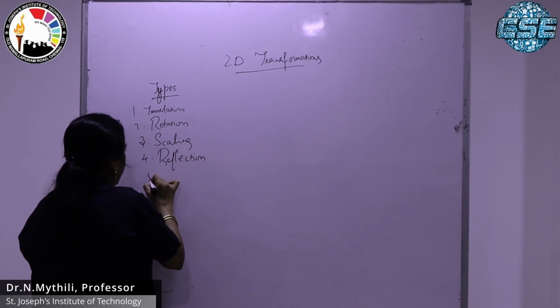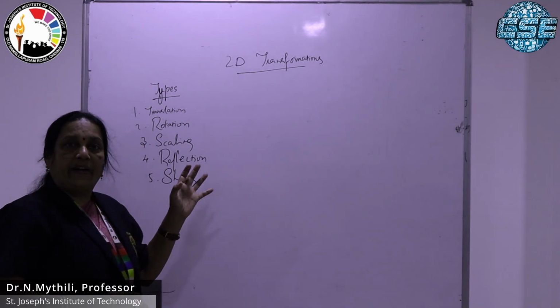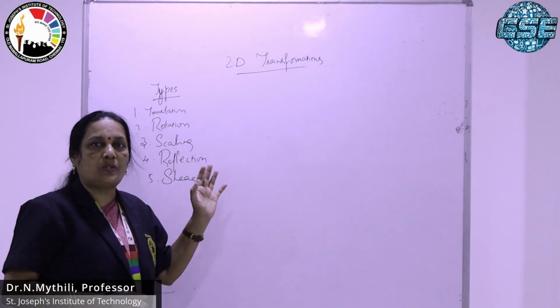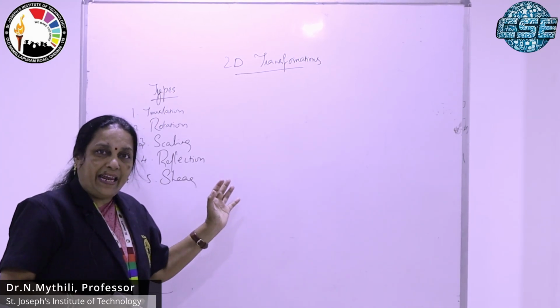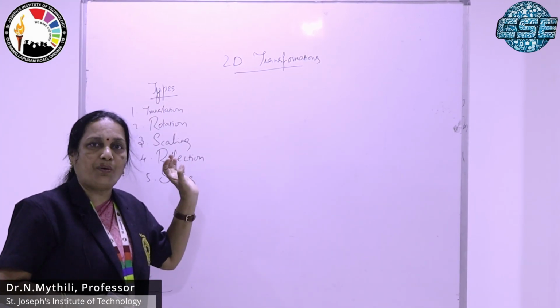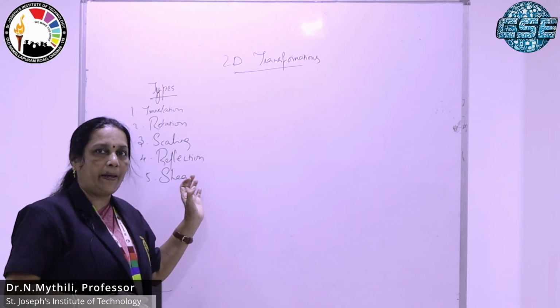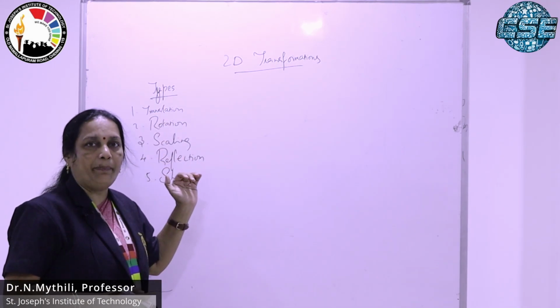Number 5, shear. So there are 5 types of transformations available. Among all these 5, the first 3 are basic transformations: translation, rotation and scaling. So we will see the transformations one by one.